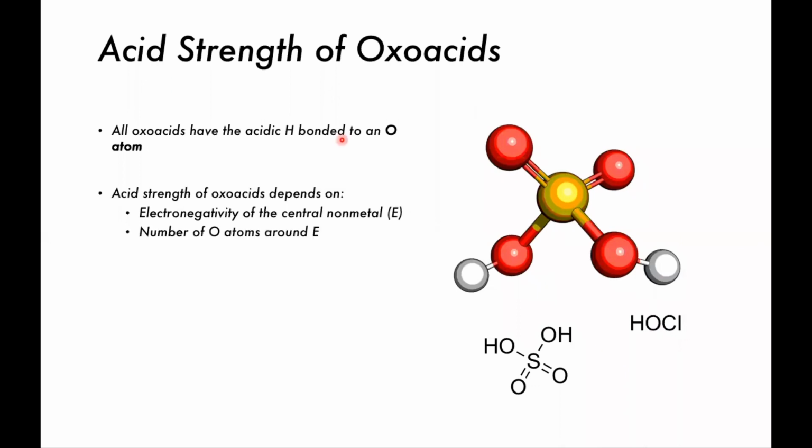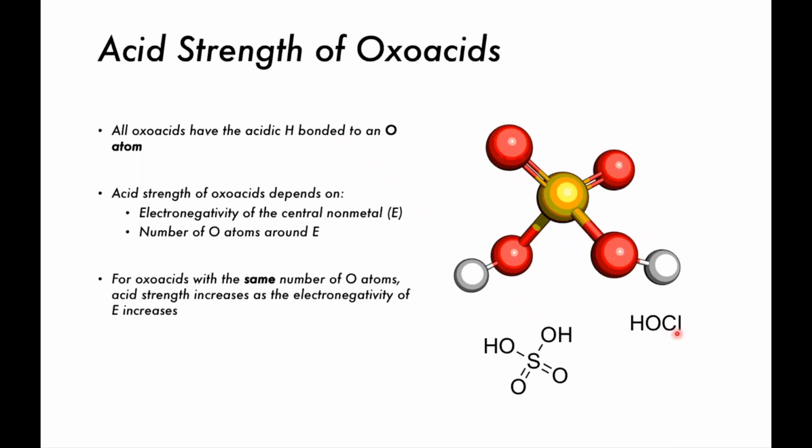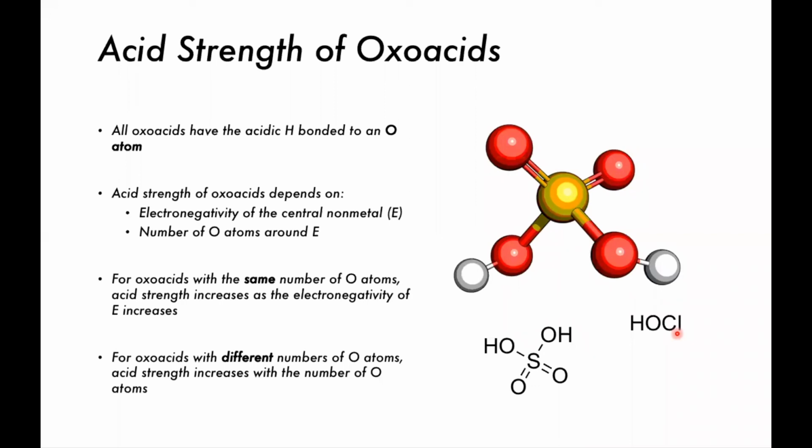And so acid strength of oxo acids depends on the electronegativity of the central nonmetal E and the number of oxygen atoms around E. In this case, E is sulfur, and in this case, E is going to be chlorine. And so for oxo acids with the same number of oxygen atoms, acid strength increases as the electronegativity of E increases. So for oxo acids with different numbers of oxygen atoms, acid strength increases with the number of oxygen atoms.